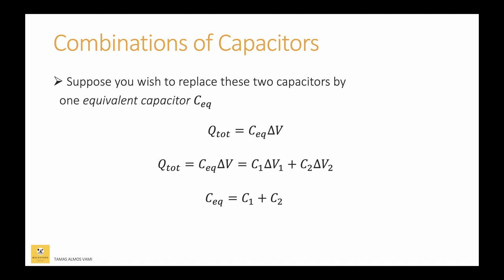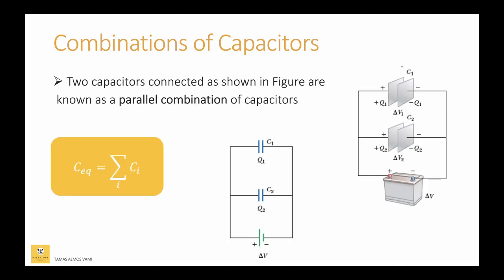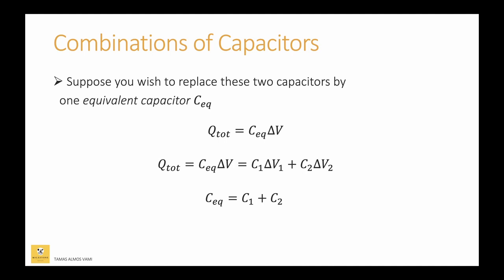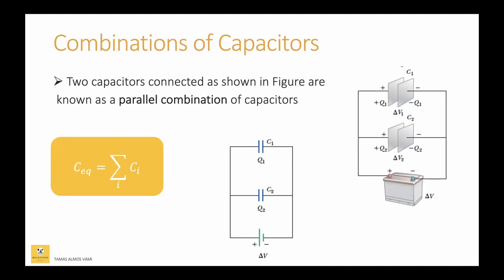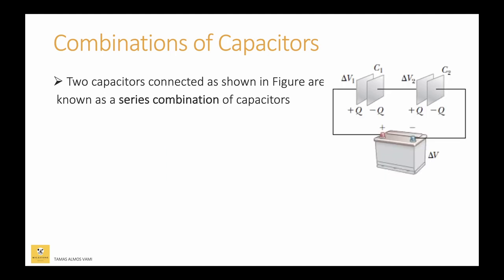So that means that V1 and V2 are the same, and we can take out that the equivalent capacitance is going to be the sum of these two capacitances. So in case when we have a parallel combination of capacitors, the equivalent capacitance is the sum of the individual capacitances.